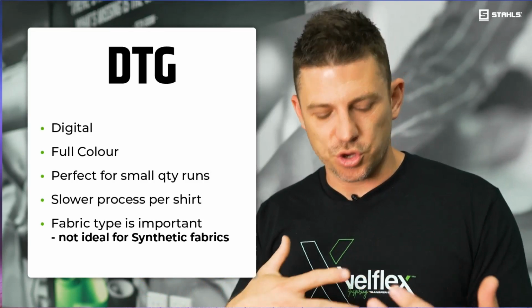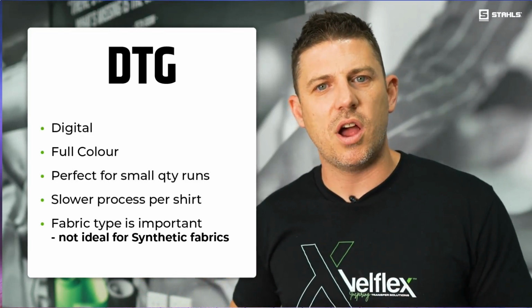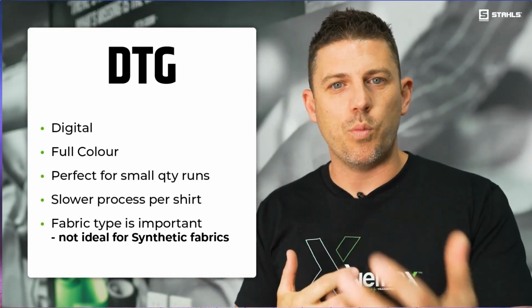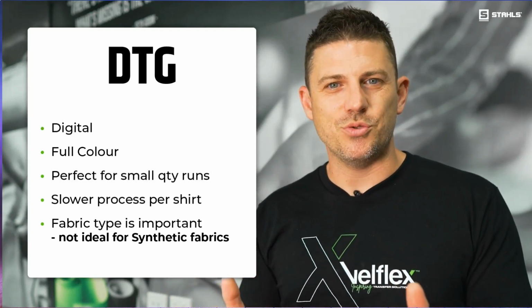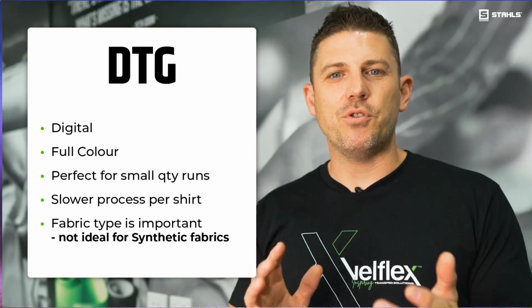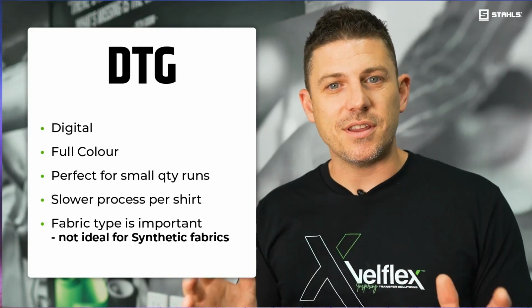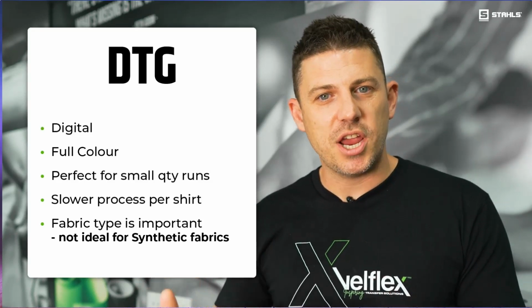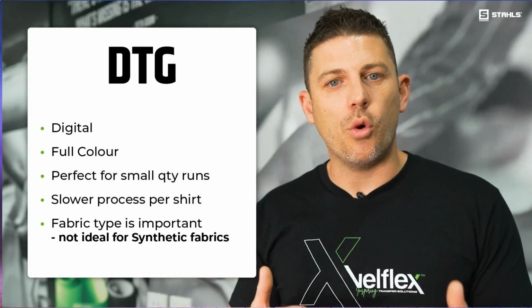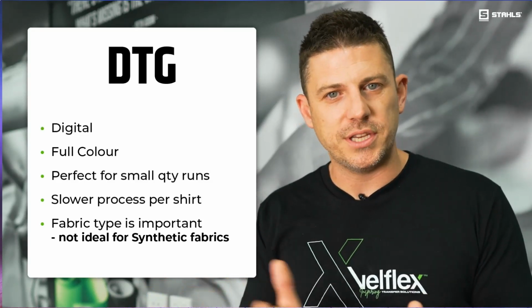And it's phenomenal. You can do little logos, you can do big designs, you can definitely print onto light and dark colored garments, but there are some caveats to it as well. If your design is for 1,000 garments, you wouldn't necessarily want to send this off to DTG, because it's a much slower process per t-shirt, okay?